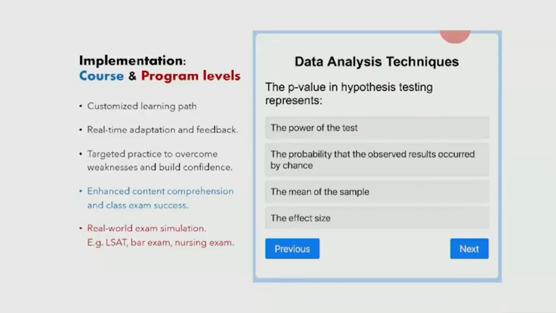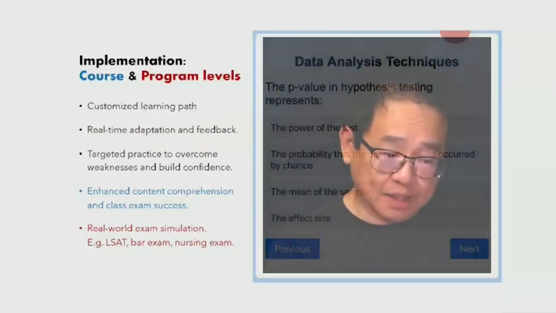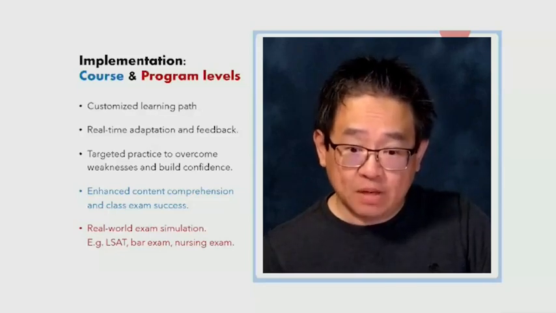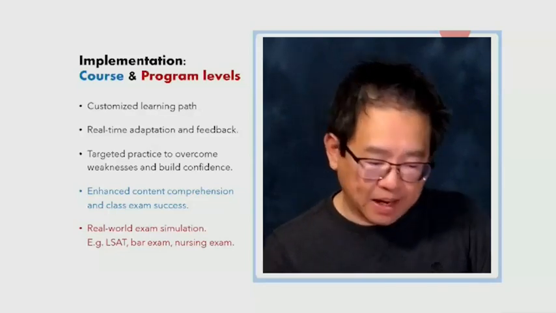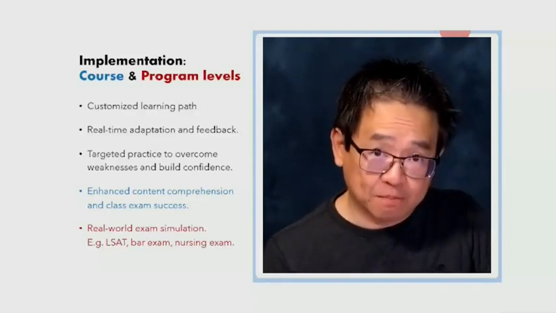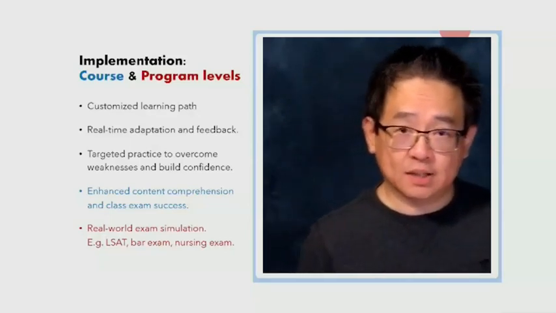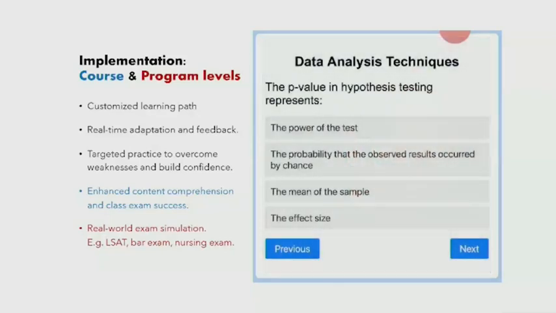The system adapts to students' cognitive level in real time, so students get feedback much faster and more in time, so that they can improve their learning experience throughout the semester.